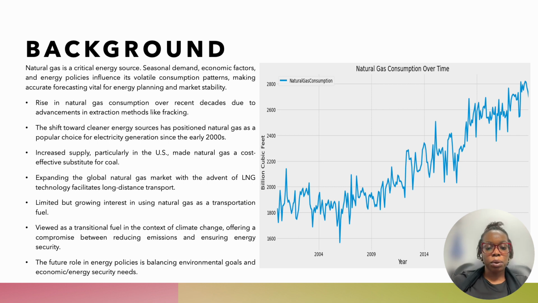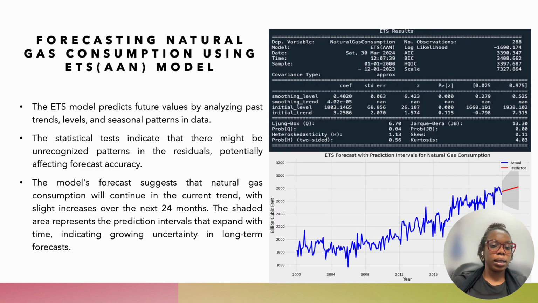The first model we incorporated is the ETS model, and this model is used to predict future values by analyzing past trends, level and seasonal patterns in data. The statistical tests indicate that there might be unrecognized patterns in residuals, potentially affecting forecasting accuracy.